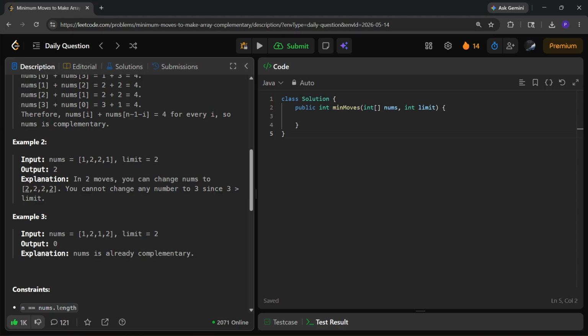What is the difference? 1 minus 2 is minus 1, which is equal to 1. 2 minus 1 is just 1. 1 minus 2 is again 1. So the difference of all the digits should be the same.